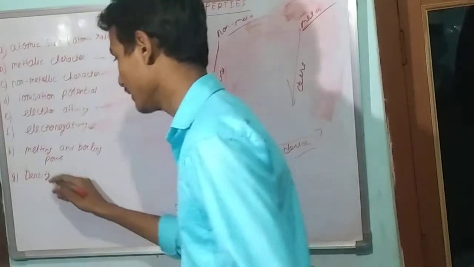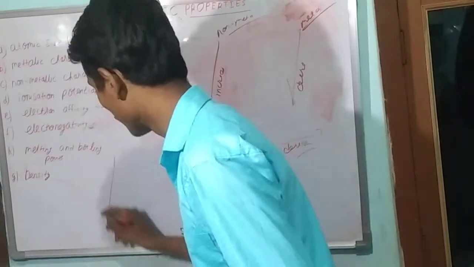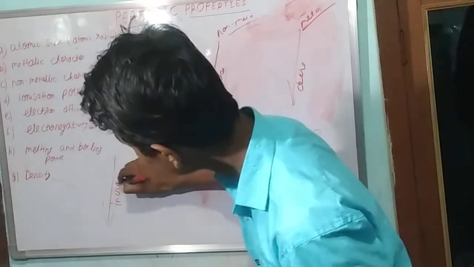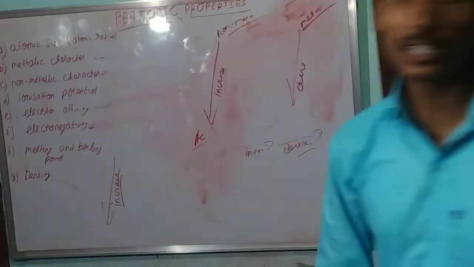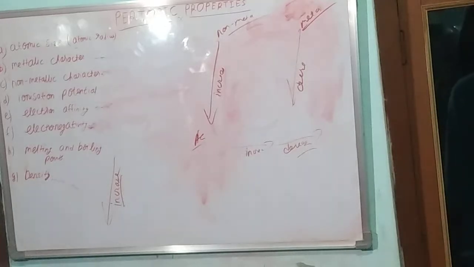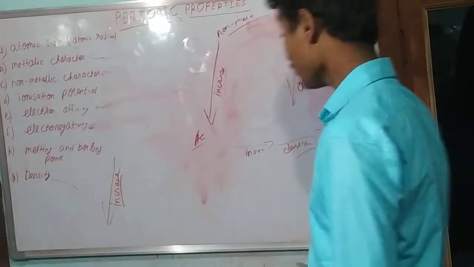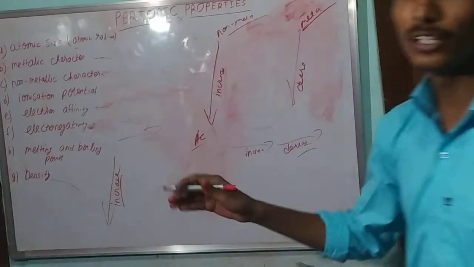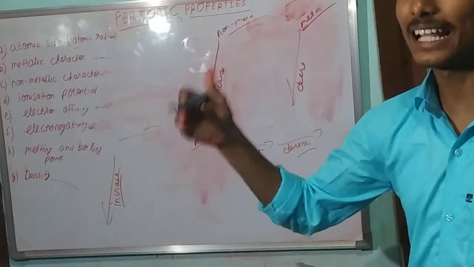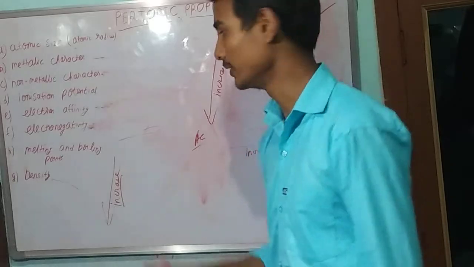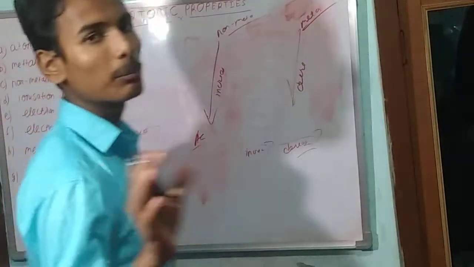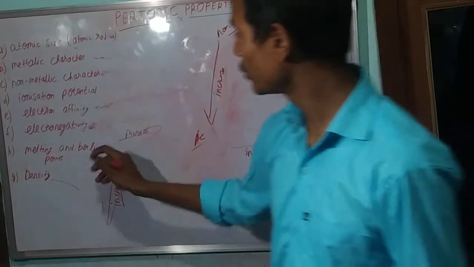And for density, it increases down the group. Across the period, it will first increase and then slightly decrease. At class 10 level, these two are not important.